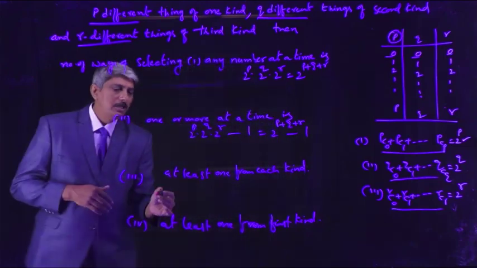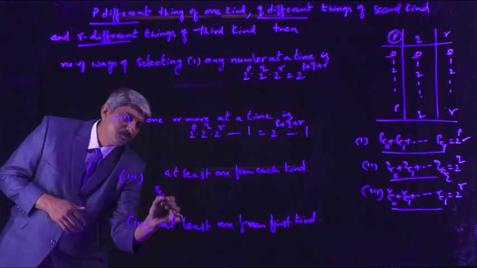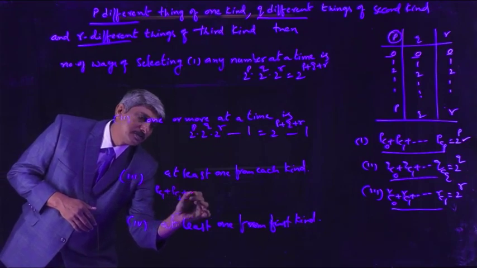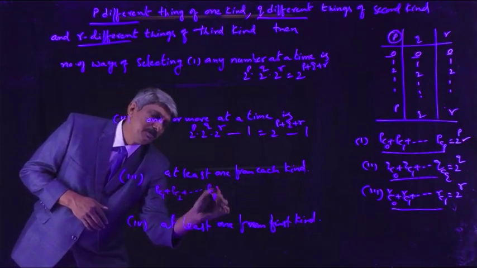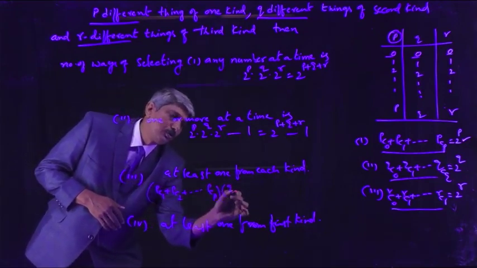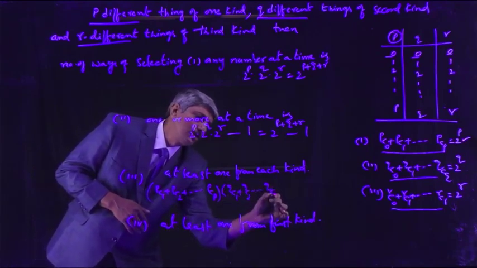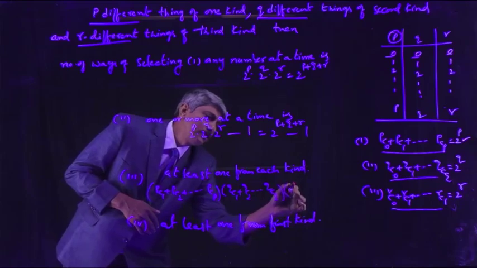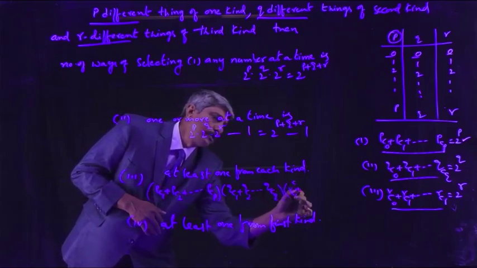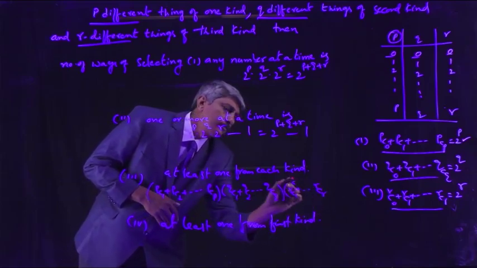So what is this value? This is PC1 plus PC2 plus and so on up to PCP, times QC1 plus QC2 plus and so on up to QCQ, times RC1 plus and so on up to RCR.